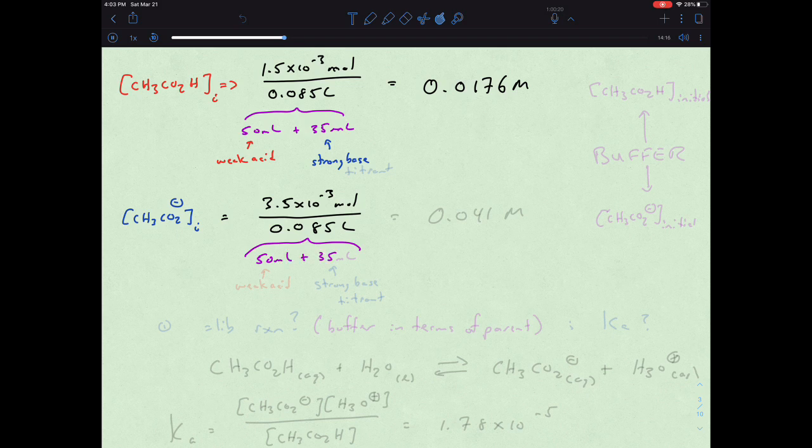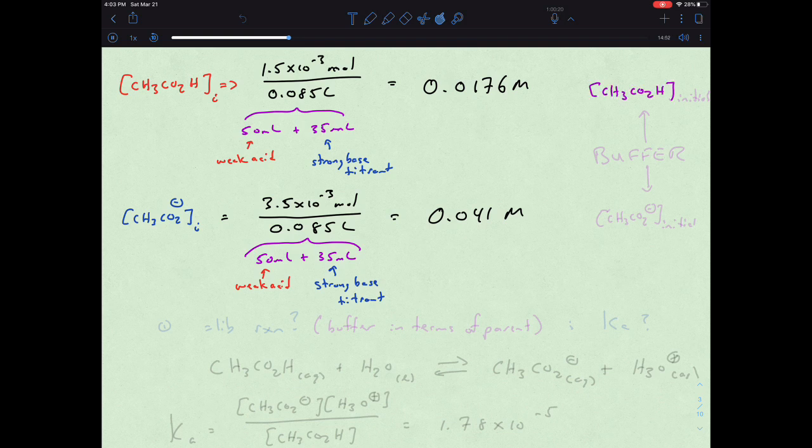Because we're constantly doing a dilution throughout the question. And so if we calculate that, we have a value of 0.041 molar in acetate.